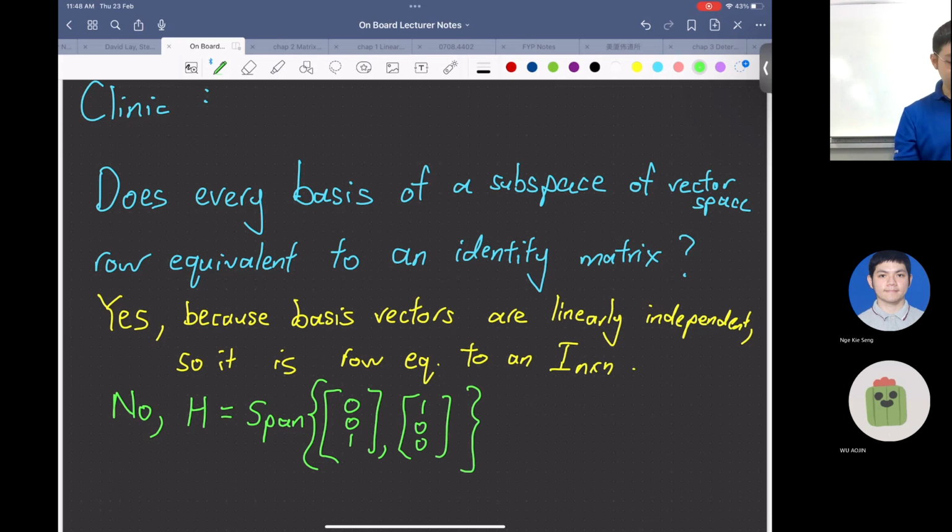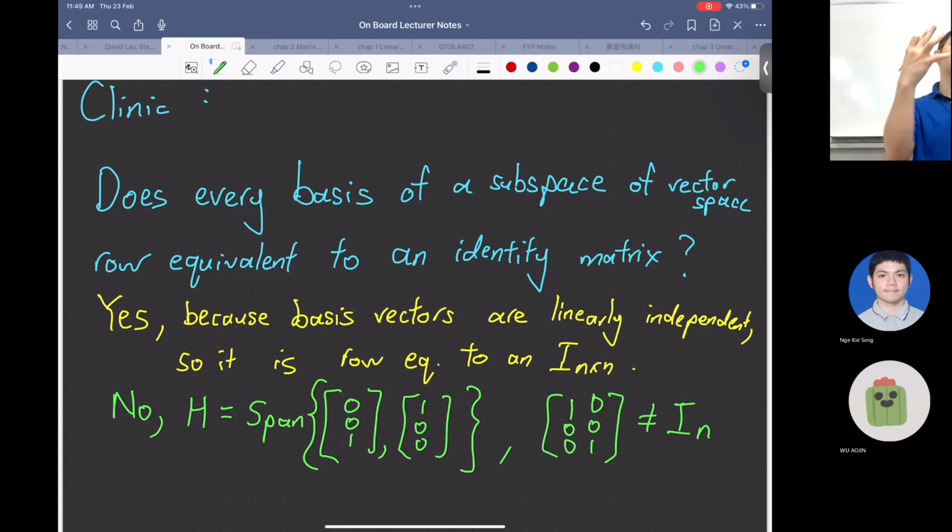They are linearly independent, but when you consider the matrix they form, it is not an identity matrix.